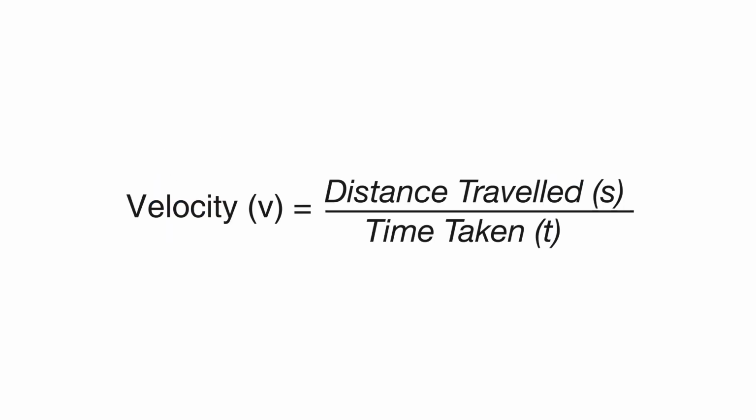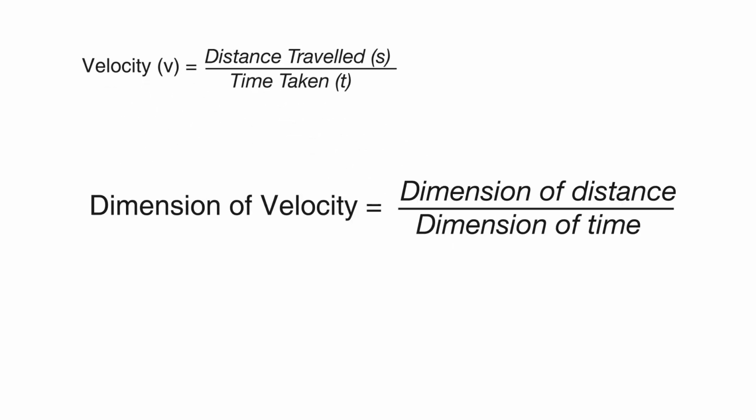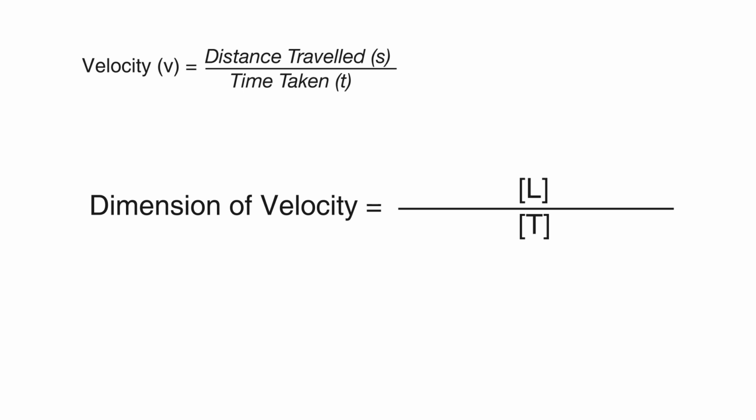Since velocity is distance traveled over time taken, the dimension of velocity is equal to the dimension of distance divided by the dimension of time. As distance represents length, its dimension is L and the dimension of time is T. Hence, the dimension of velocity can be written as [V] = L/T.